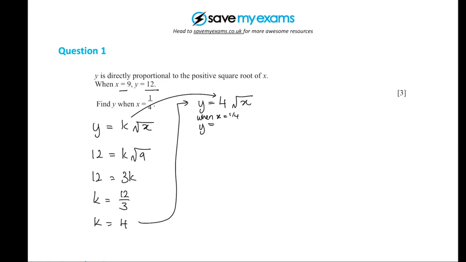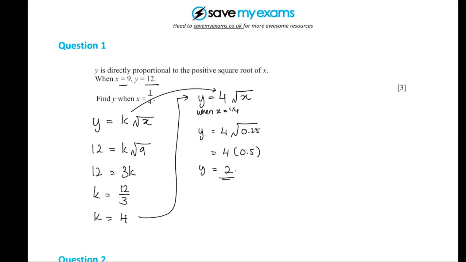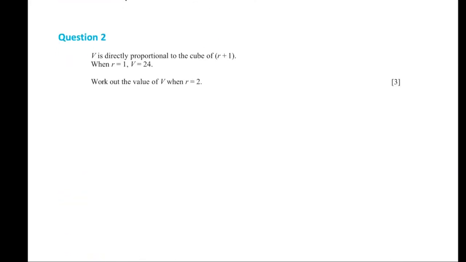If you want to use decimals, you can. 4 square root of 0.25 is also not a problem. So square root of 0.25 is 0.5. There you go. Next one.